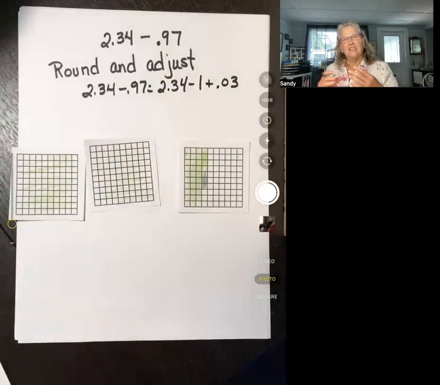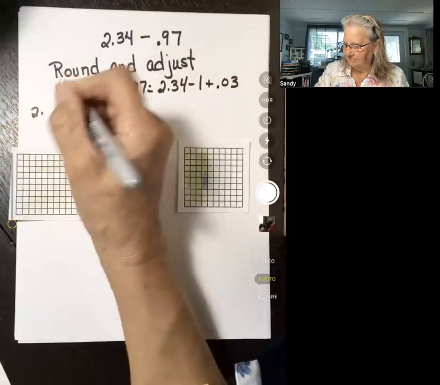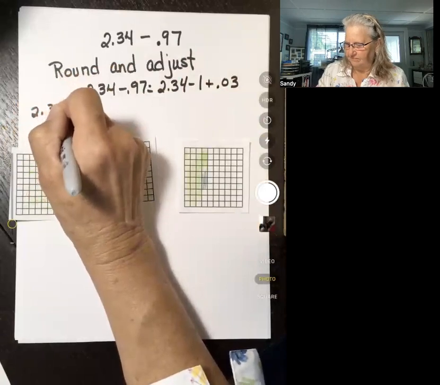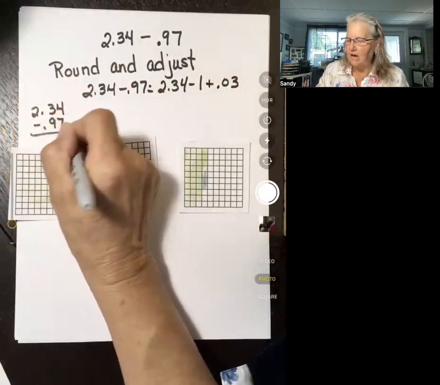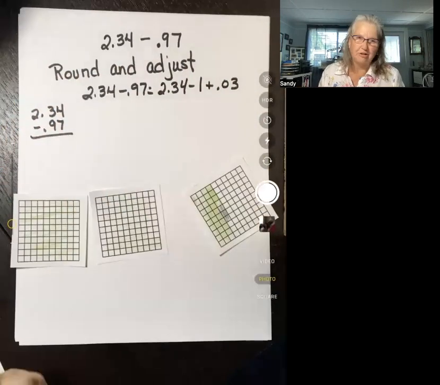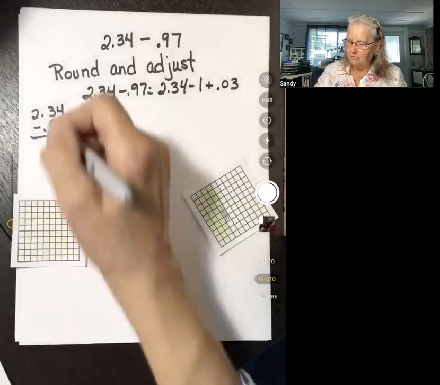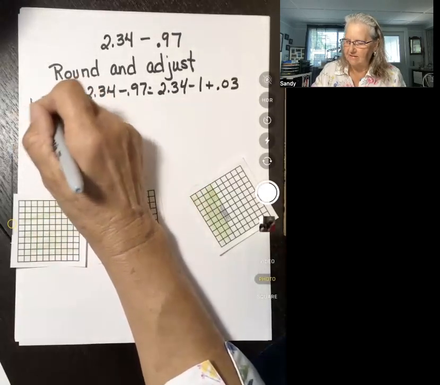Now, see, this takes what for me in school would have been a paper and pencil task. I would have needed to write this vertically. And then I would have regrouped, right? When I was in school, it was called borrowing, but regrouping, you would have seen something like this.